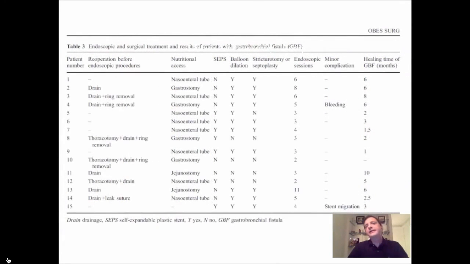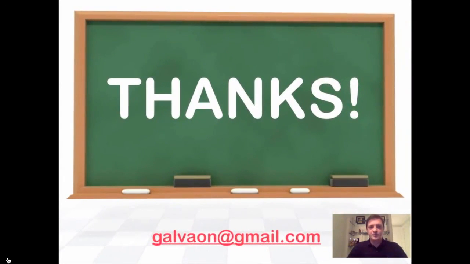Also, on the column at the extreme right, you can see the healing time, which takes a lot, around 4 to 6 months. All of the numbers are there except for one, which means that of those 15 patients with gastrobronchial fistulas, we were able to treat 14 out of 15. So thank you very much.